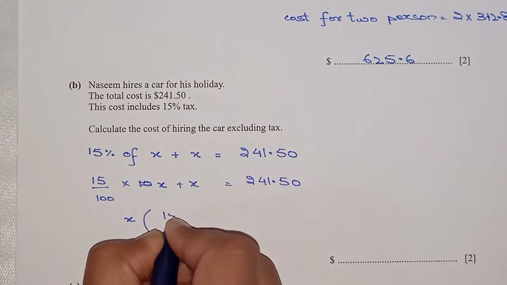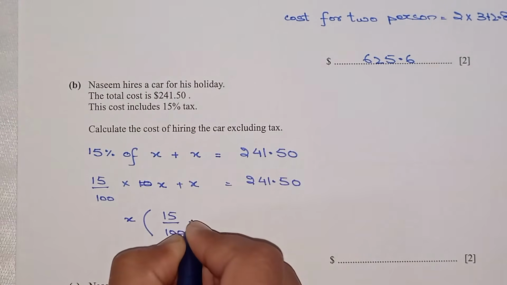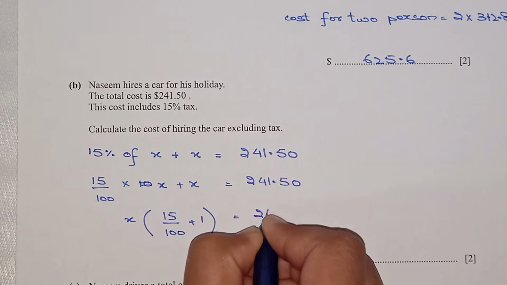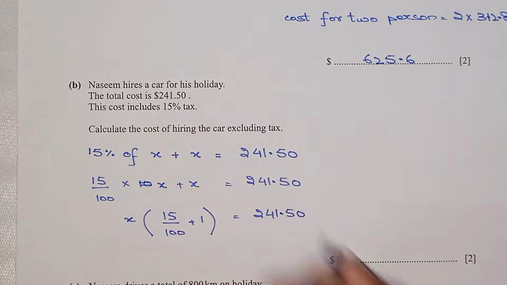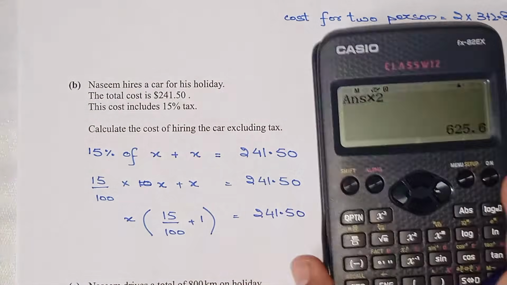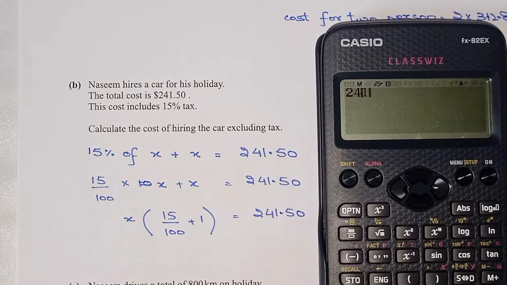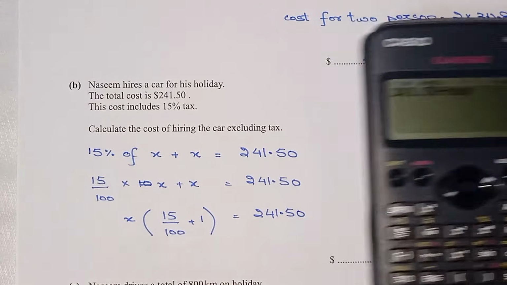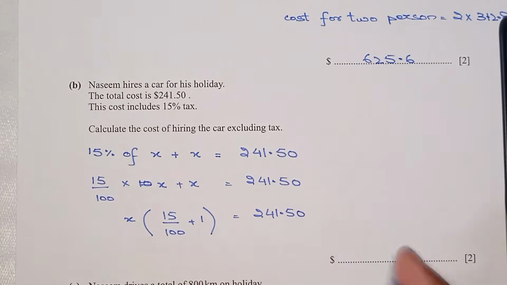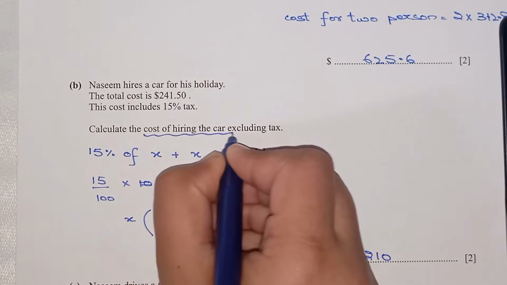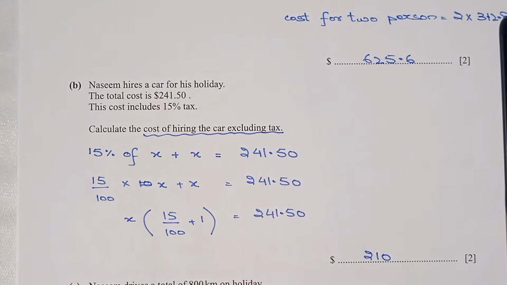It would be 15 divided by 100 plus 1, times x, equals 241.50. First 15 divided by 100 plus 1 is 1.15, and then 241.50 divided by that answer would be 210. So the value of x is 210. So this is the cost of hiring the car excluding the tax, right?